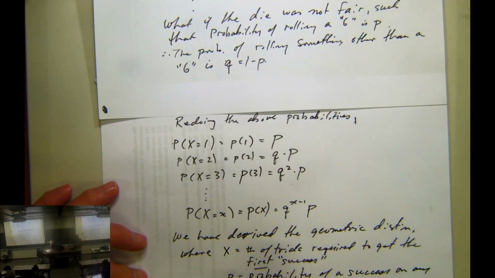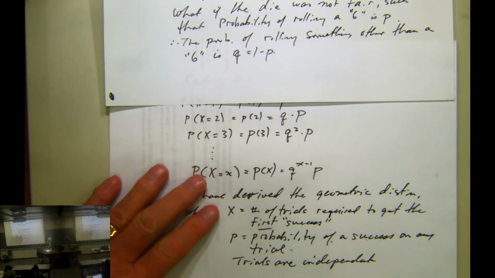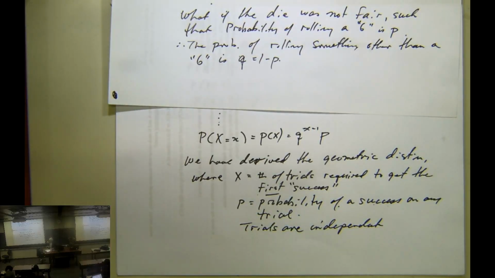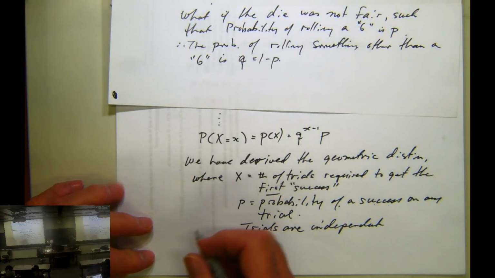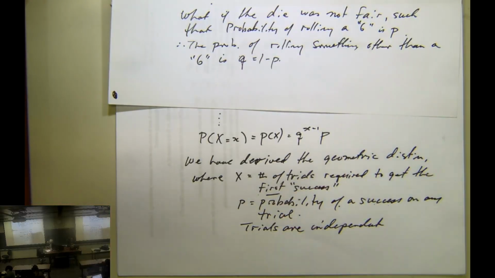And trials are independent. So we've basically got it summarized there. We could summarize one little extra bit in a nice clean form. We've got P of x equals q to the x minus 1 times p. And, well, we'll write that out in a little bit.